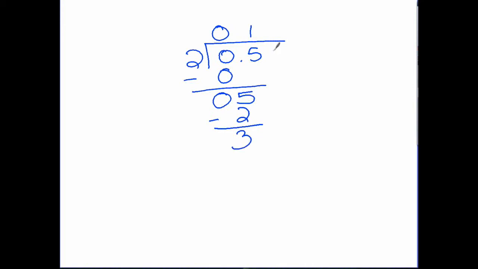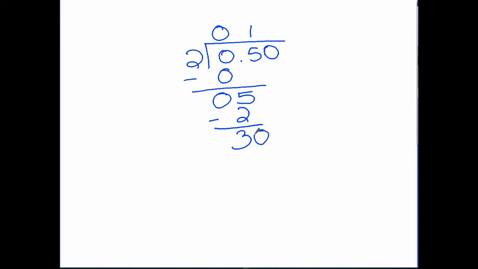Well, I can't have a remainder, so I'm going to add my 0 and bring it down. How many times does 2 go into 30? 15 times. How would I write the number 15 up on top? Could I do that?